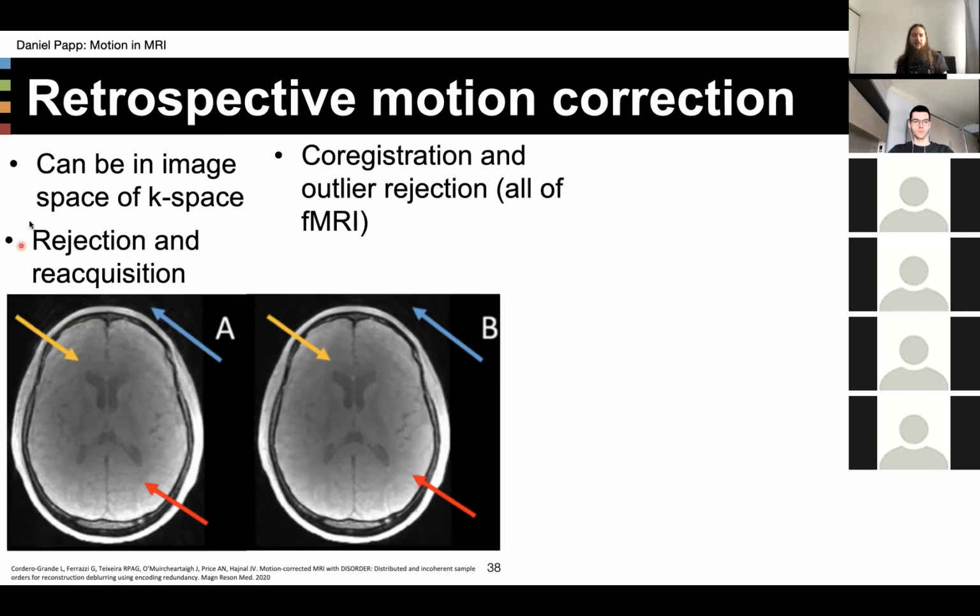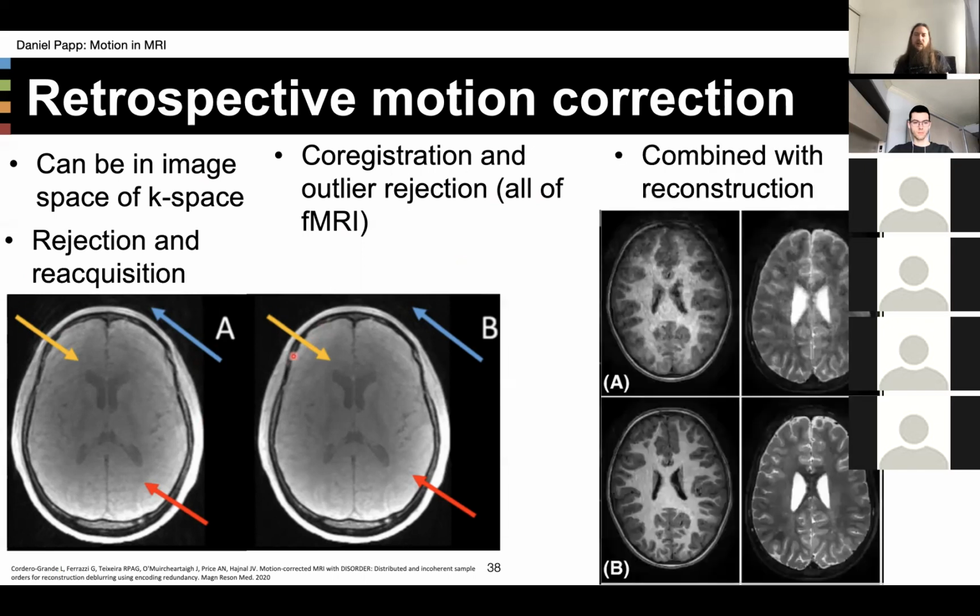You can do something that's rejection and reacquisition. So, for example, you acquire all of your data, you figure out which k-space lines are corrupted, and then you reacquire them, which is what my method did. I hope you see some improvement in the image quality.